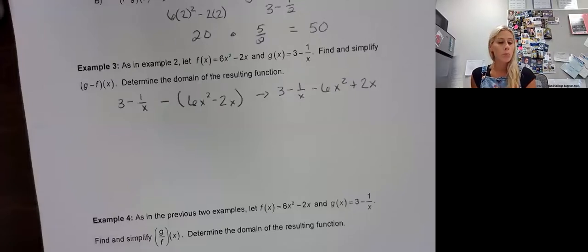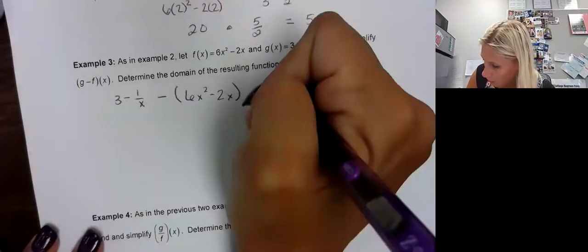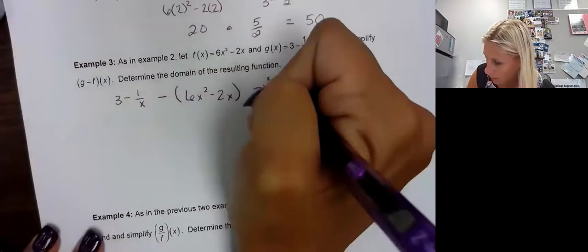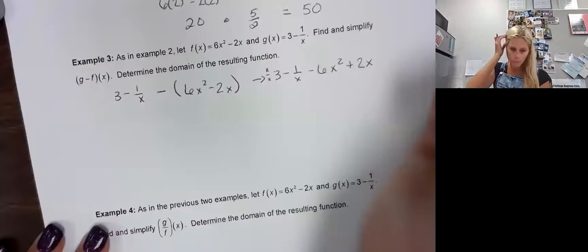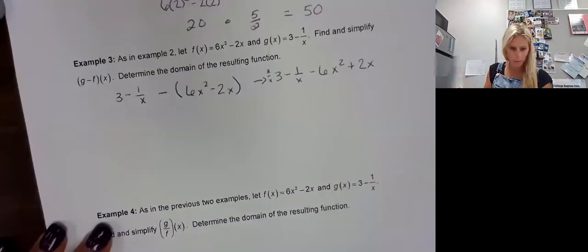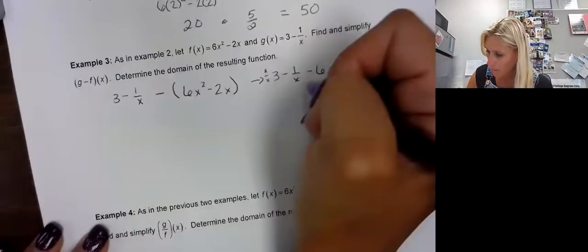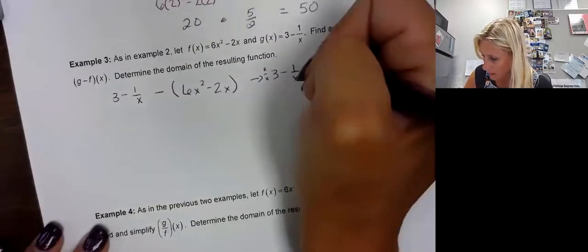So I'm going to multiply everything by x over x. Except for this one, because we already have that common denominator, right?